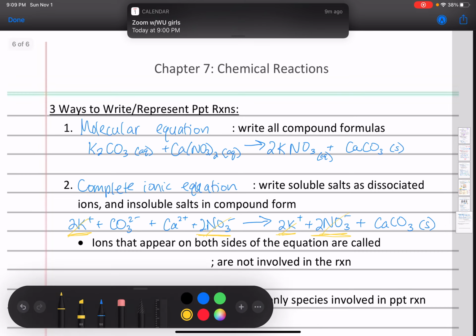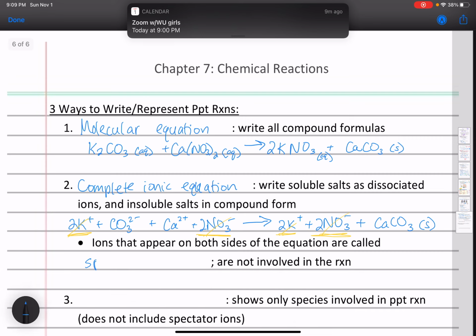Those ions that show up on both sides have a name. We call them spectator ions. A spectator is someone who just watches something, right? These ions are not actually involved in the precipitation. They're just watching it happen. They're just floating around, staying in solution.